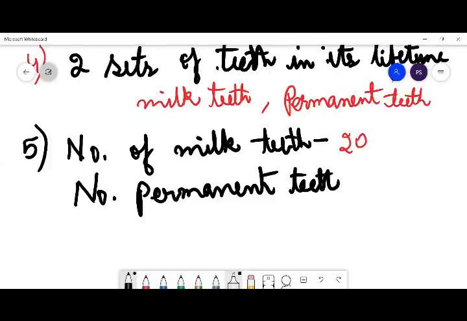As you remember, at the age of 12 to 13 years, this milk teeth falls out completely and a new set of teeth takes its place, which is known as permanent teeth. The number is 28.